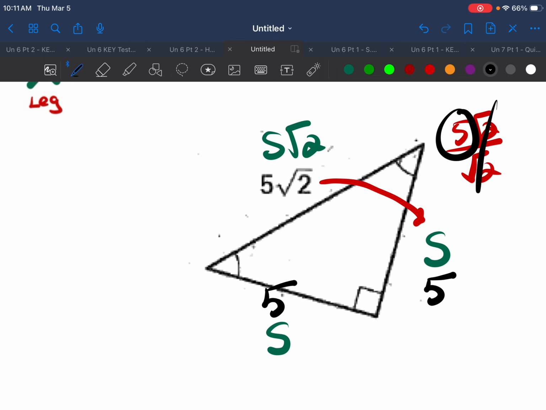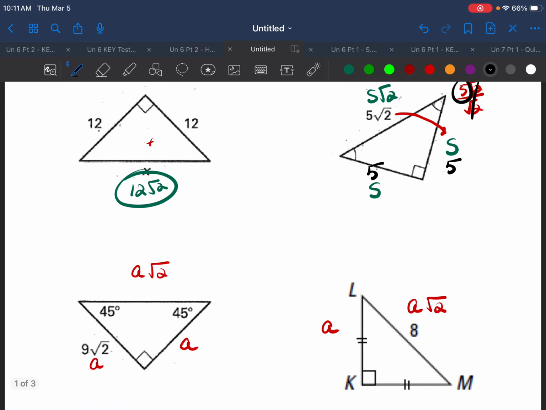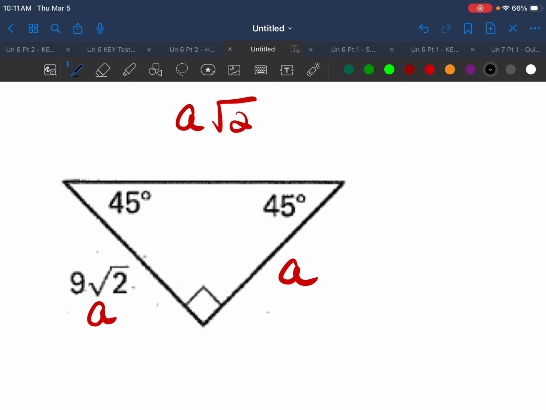Okay? Now, they don't always stay perfectly straightforward. This one I think is a little tricky, so let's take a look. There's a little red flag going off in my head saying, wait a minute, this is usually the side that doesn't have the radical 2. But it doesn't matter. We still use the same strategy. What do you do to the leg to make it bigger or turn it into the hypotenuse?